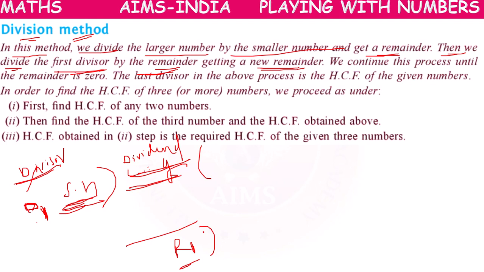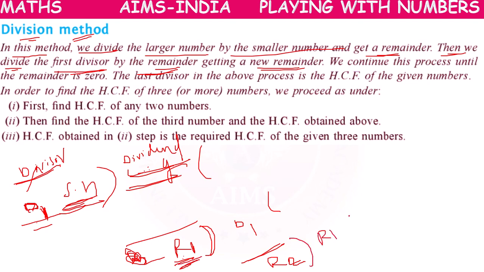Next, with this remainder 1, we divide divisor 1, and again we get a new remainder R2. R1 will become the divisor, and the divisor comes here as the dividend.